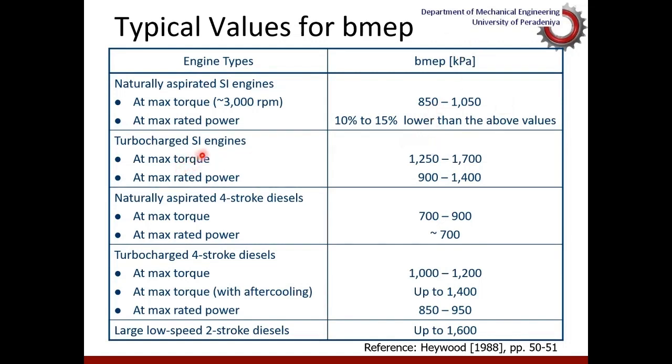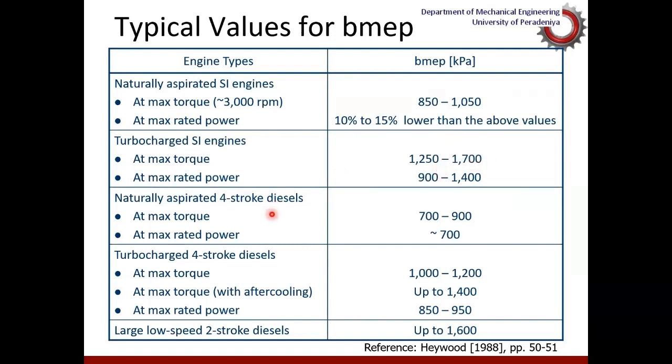And if it is a turbocharged engine, brake mean effective pressure could be increased to up to about 1700 at maximum torque, and at maximum power, it could be around 900 to 1400 kilopascals. So in all these diagrams, you can see the brake mean effective pressure changes with the speed.